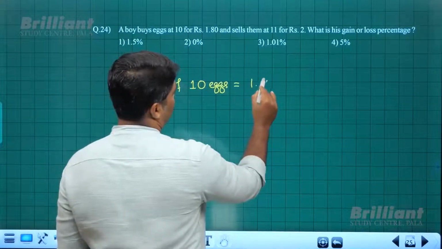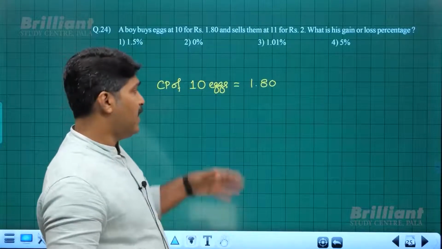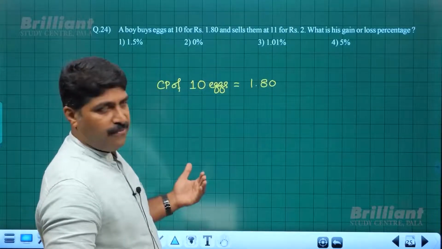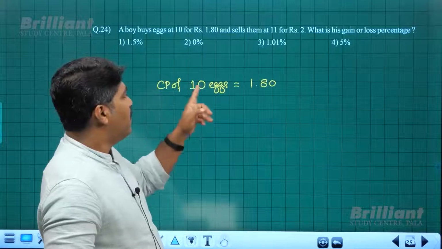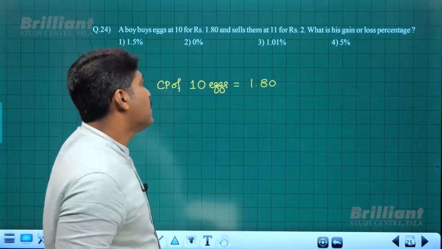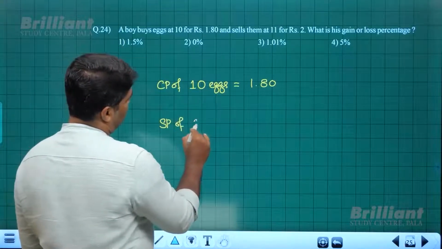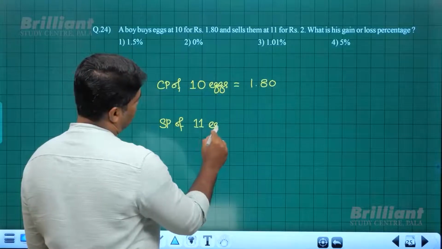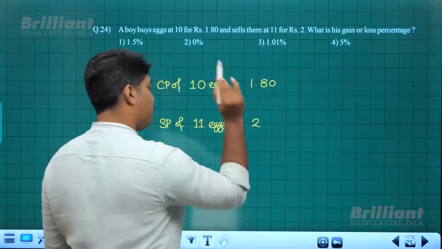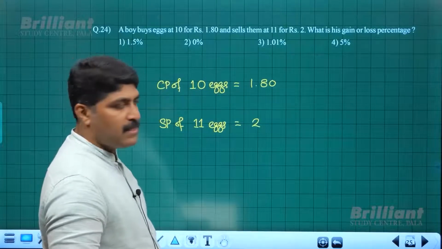Rupees 1.80. Rupees is there for doing the simplification. You don't want to write that variable forms. So cost price of 10 eggs is 1.80 rupee. Then selling price of 11 of them. Selling price of 11 eggs. Got it? What it is? That is rupees 2. So if you are doing the operations like this is a rate problem.